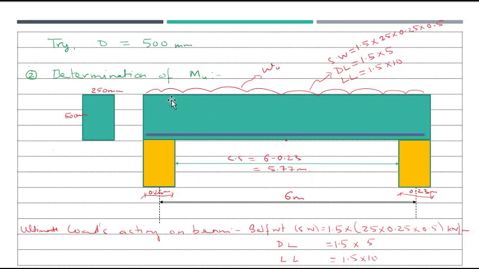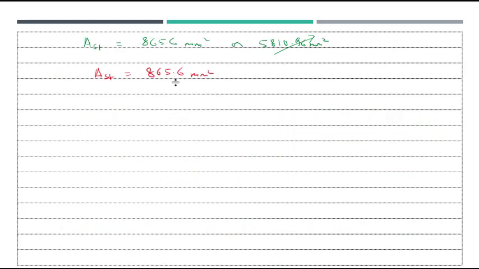Of course, you will be having some hanger bars over here, you will be having stirrups, but right now for the ultimate moment I need to provide my reinforcement in this manner. So in the cross section, how your reinforcing bar arrangement will look like, that we need to determine. As of now I know the area of steel has to be 865.6 millimeter square or more.